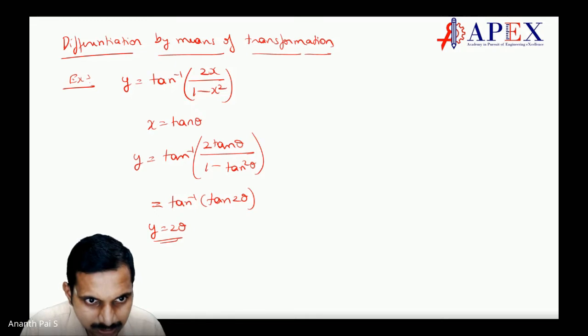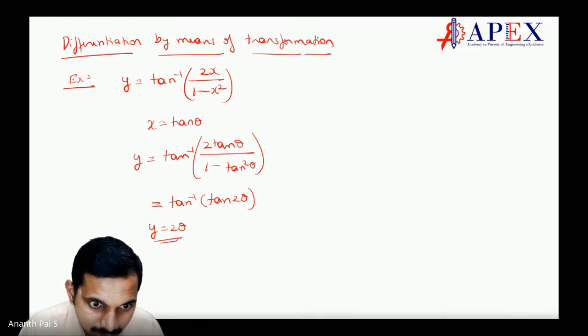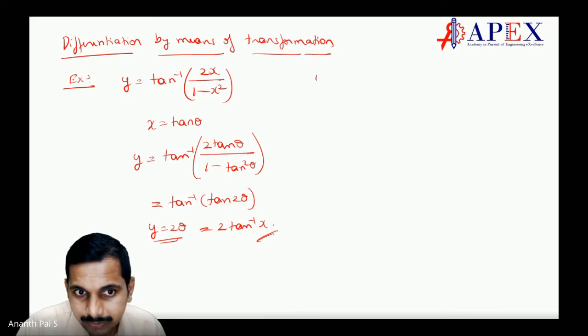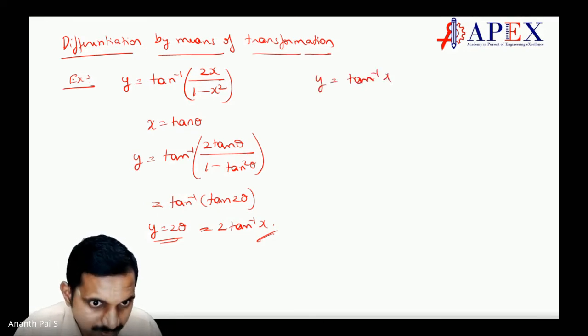What is theta? Theta is tan inverse of x, correct? So y is equal to 2 times tan inverse of x. From this transformation we have got this.